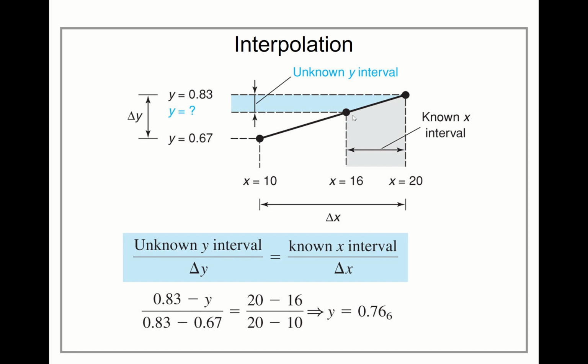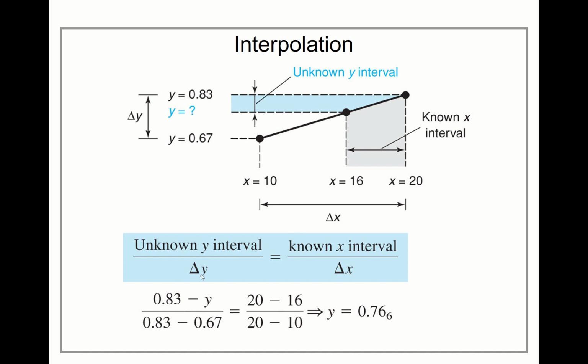Let's take these two: y is 0.83 here, and you don't know this y, divided by x equal to 20 minus 16.